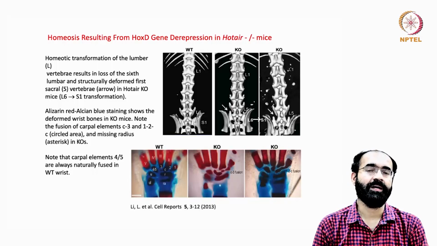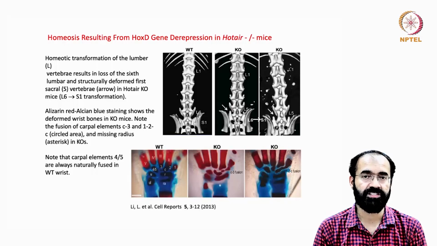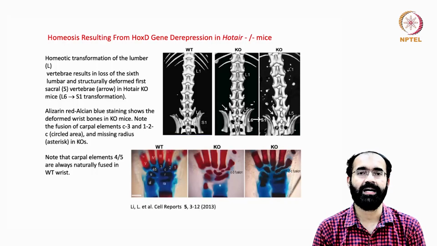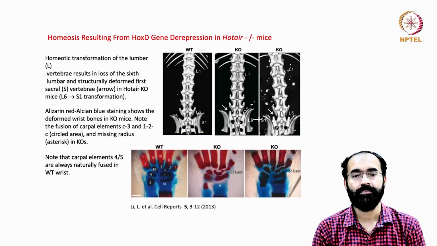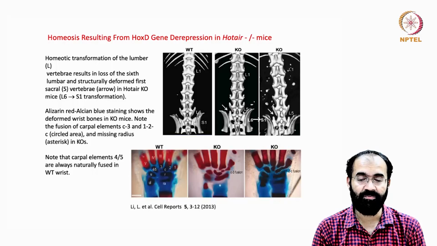Instead, another structure is appearing there. And it can appear in the form of a completely new transformed structure, like you saw in the case of fused bones. Fused bones are missing normally in the wild type, as you can see here. Whereas in the homeotic transformation, at the place of L5 you have got S1.